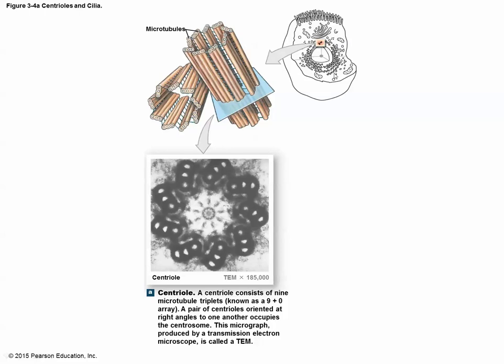And this is what makes up a centriole. There are 2 centrioles, and they are oriented at 90 degrees to one another, as the picture shows. And here's a cross section where you're looking in section, and you can see the 3 microtubules that make up each one of these, and how there are 9 of these total.